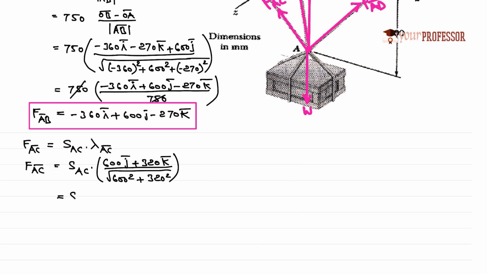From this, SAC multiplied by 600 J bar plus 320 K bar divided by the magnitude, which is 680.